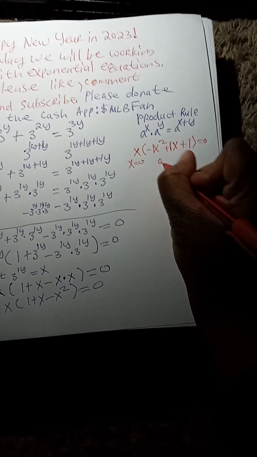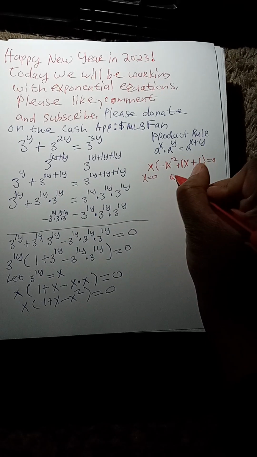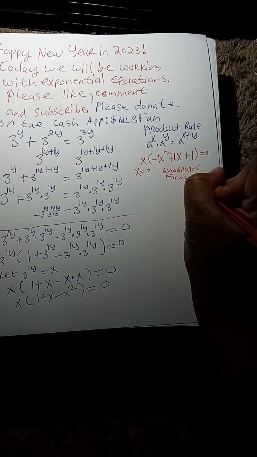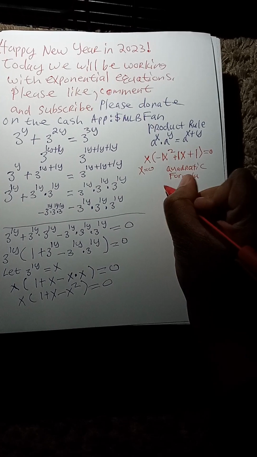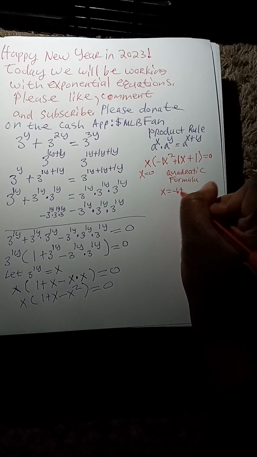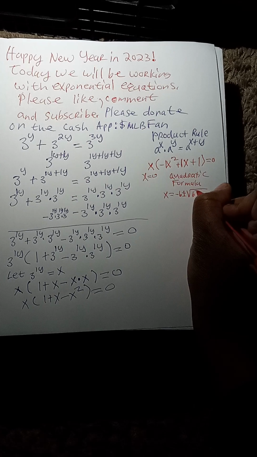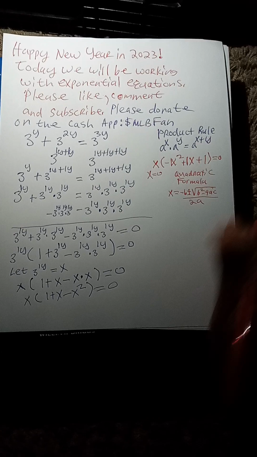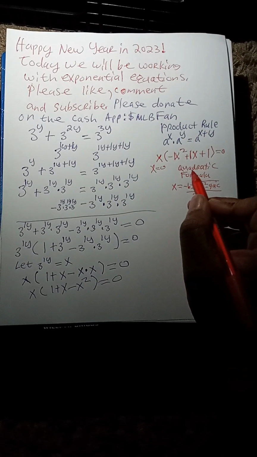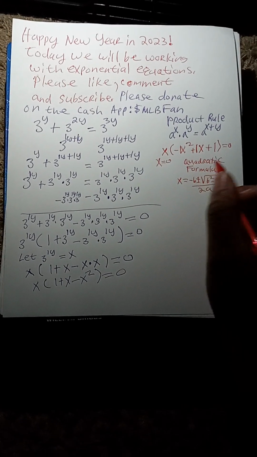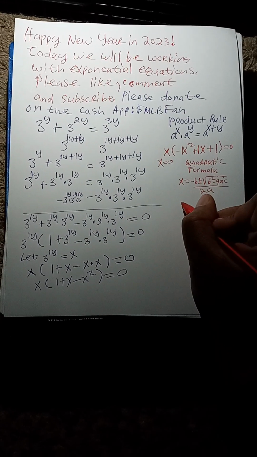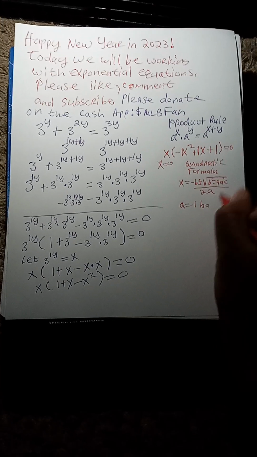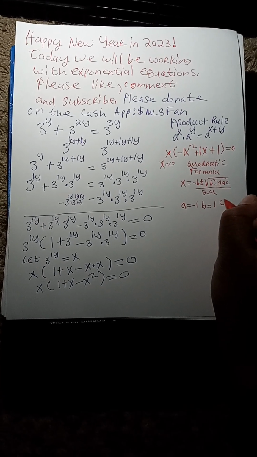The quadratic formula states x is equal to negative b plus or minus the square root of b squared minus 4ac all over 2a. With the three factors in the parentheses, that's considered a trinomial. So a is going to be negative 1, b is going to equal 1, and c is going to equal 1.